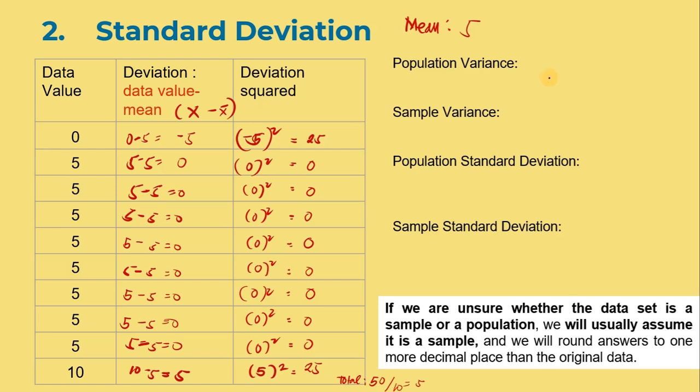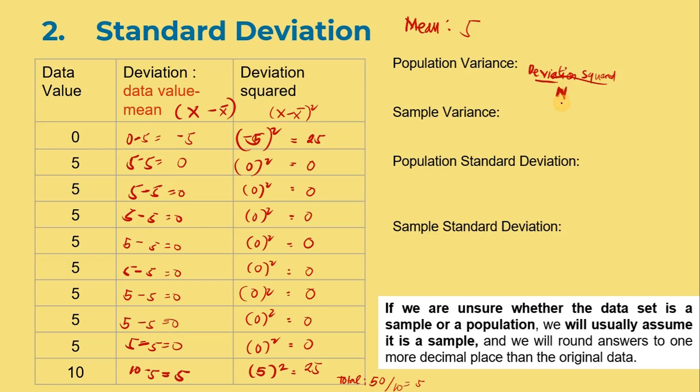So your population variance is solved with the total of x minus x bar squared, your deviation squared, let's just write the wordings, divided by how many they are. So your n. For the population you use n.